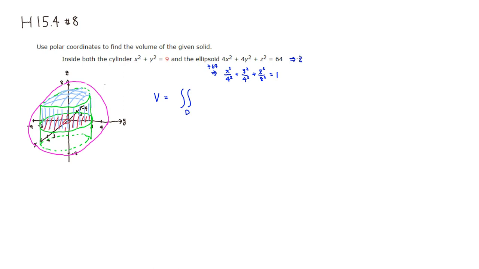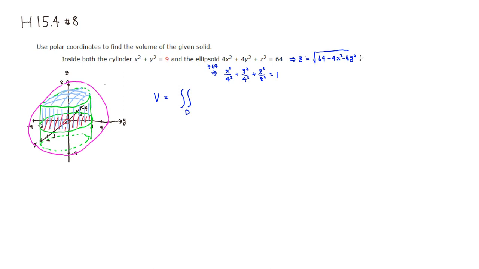So z is equal to the square root of 64 minus 4x squared minus 4y squared. Sorry, I already took the square root. This is going to be the top one, so it's going to be a plus.